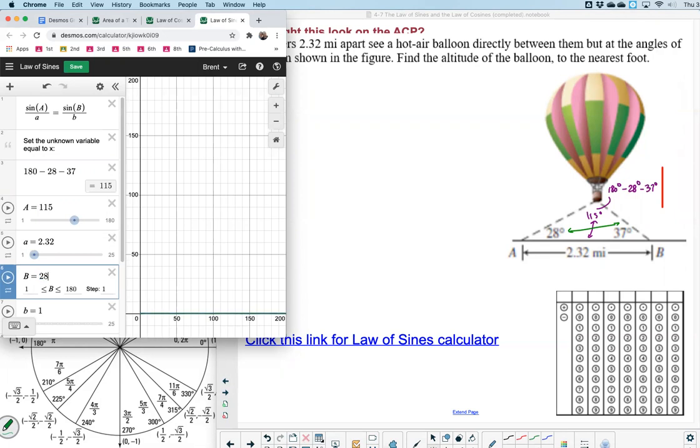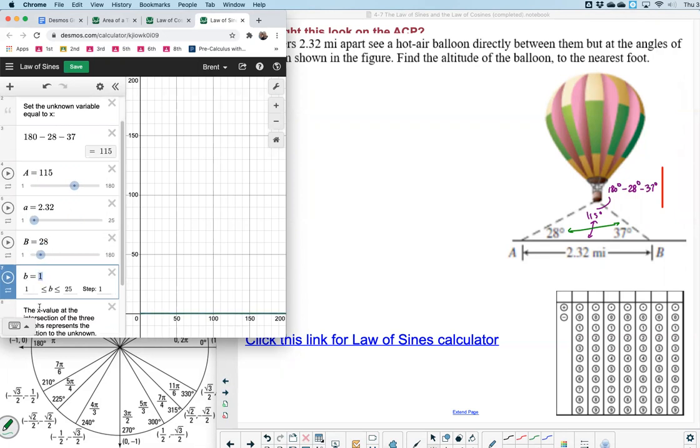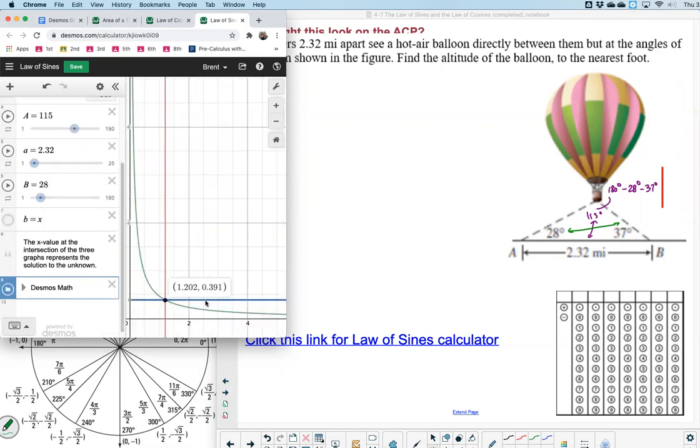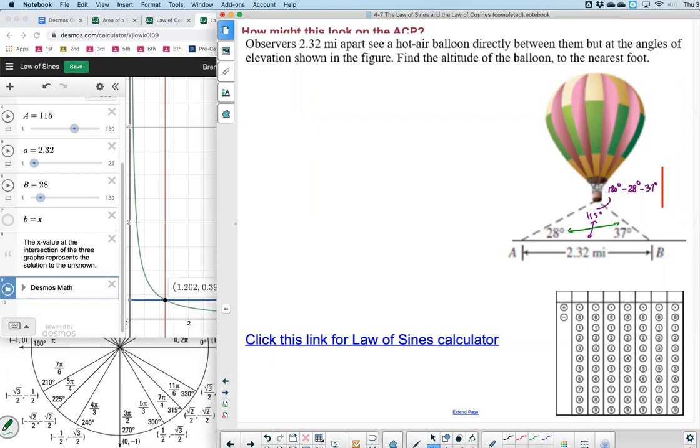And the angle B is 28, but we do not know our x. Let me zoom in on this here, and our solution is 1.202. Let me get a different color. 1.202 miles.